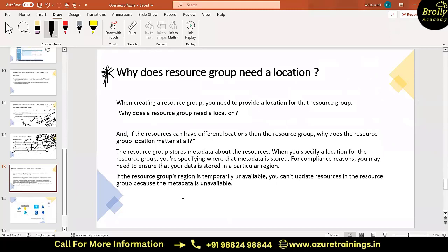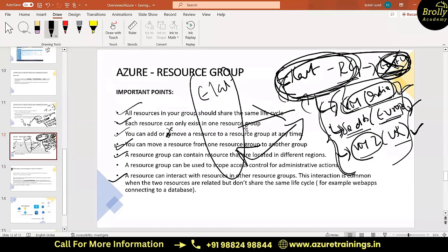Because the resource group stores metadata about the resources. Even though this virtual machine is hosted in India, this SQL database in Europe, and this VM2 in Europe, all the metadata about these resources is stored in East US. VM metadata means what the RAM is, what the CPU is, how many disks, and what the location of that VM is.